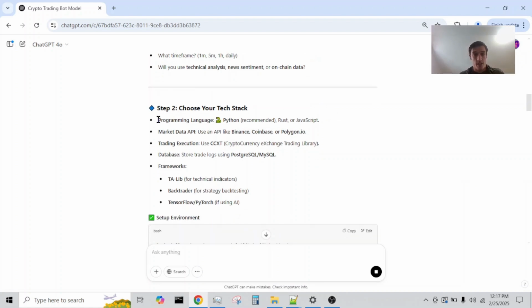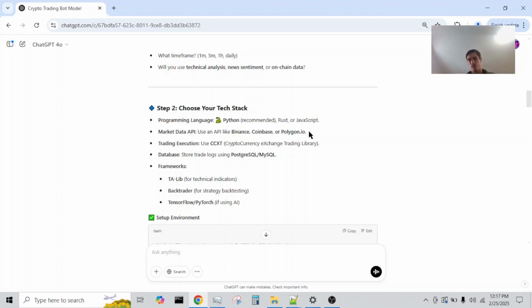Our tech stack. So Python's recommended, and that's exactly what we're going to be doing. We're going to use Python as our coding language. Market data, the APIs to get market data. We're going to want to go with an API that's free to use.